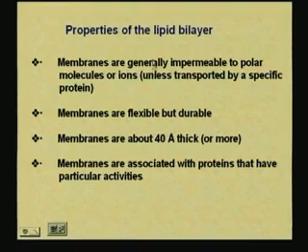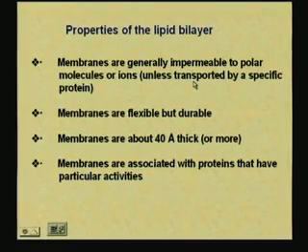So, normally the membranes are impermeable to the polar molecules or ions unless we have some specific proteins that facilitate the transfer. We will see how we can have active transport or passive transport.